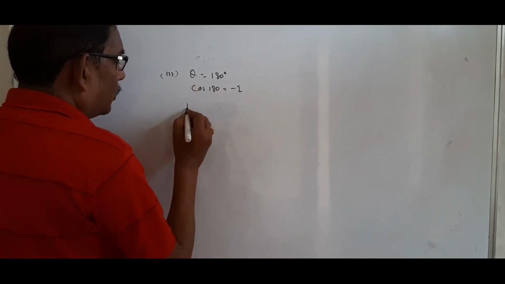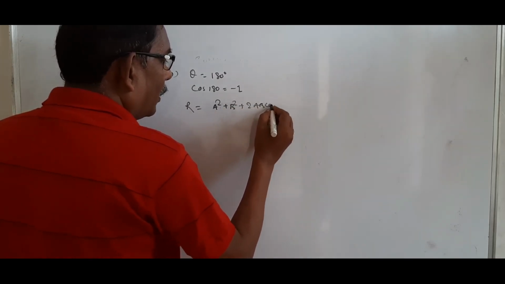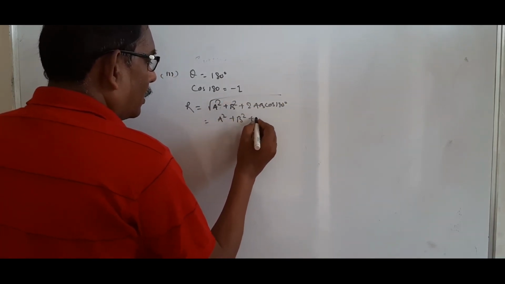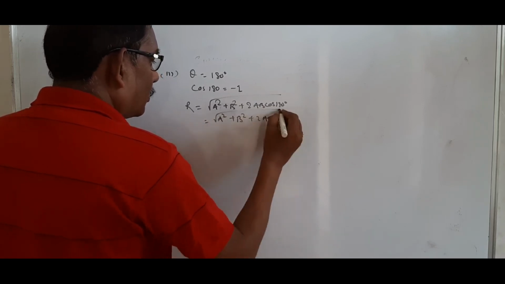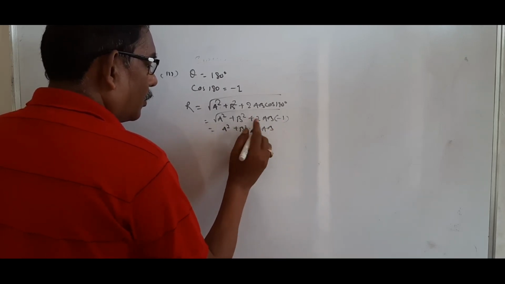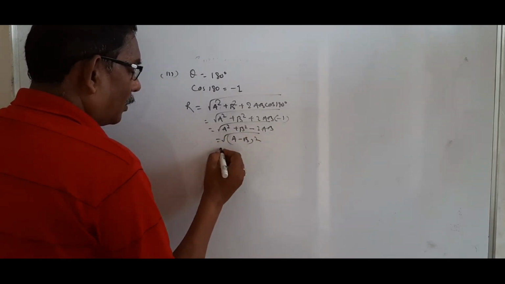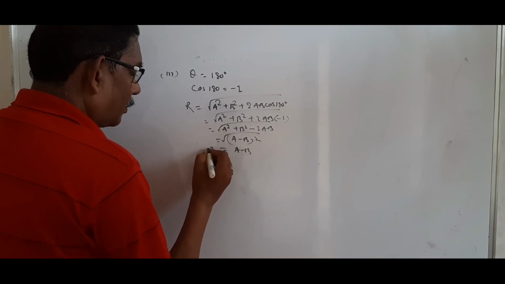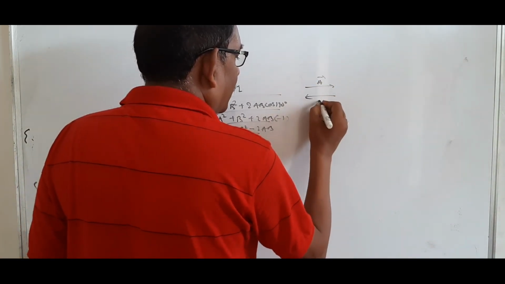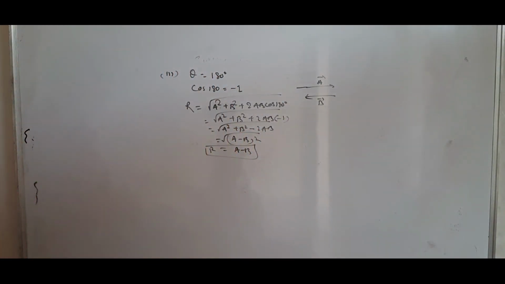So the resultant R equals the square root of A square plus B square plus 2AB cos 180. With cos 180 equal to minus 1, A square plus B square minus 2AB is A minus B whole square under root, it is A minus B. When vector A is in this direction and vector B in this direction, check theta equal to 180. So these are the three special cases.